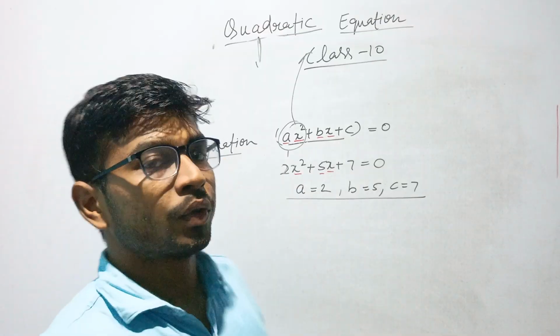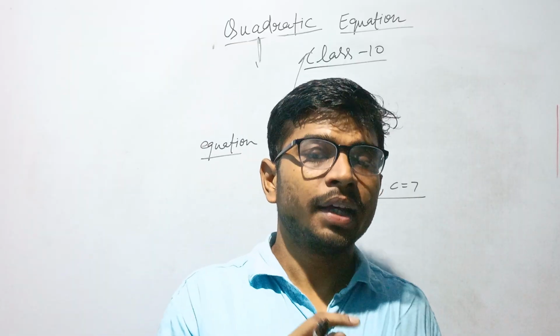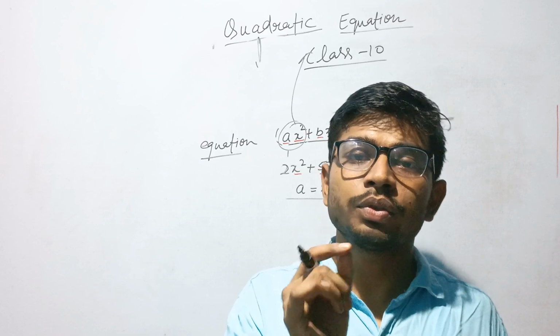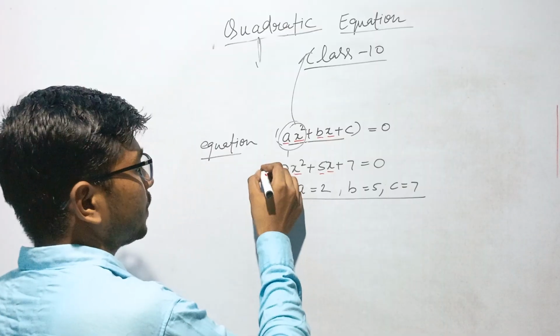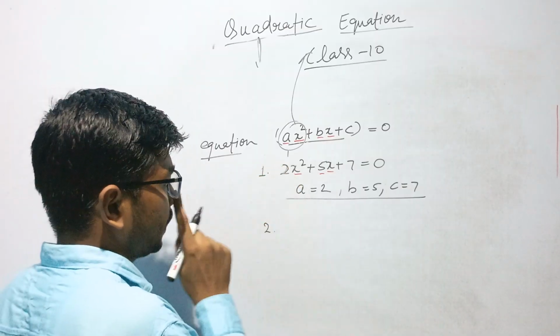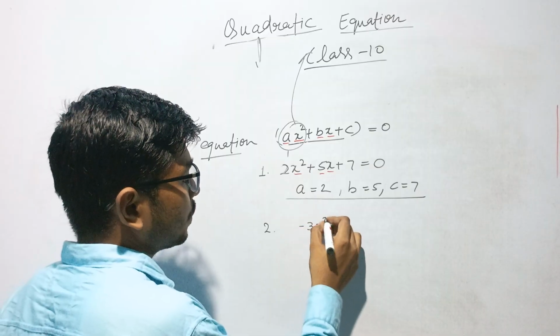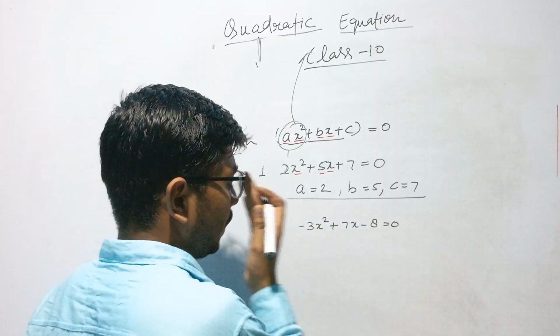You have to remember, we have to include the sign also. If any term is given negative, we have to include that. Okay, just take an example. So this is our first question. Second question, minus 3x square plus 7x minus 8 is equal to 0, right?